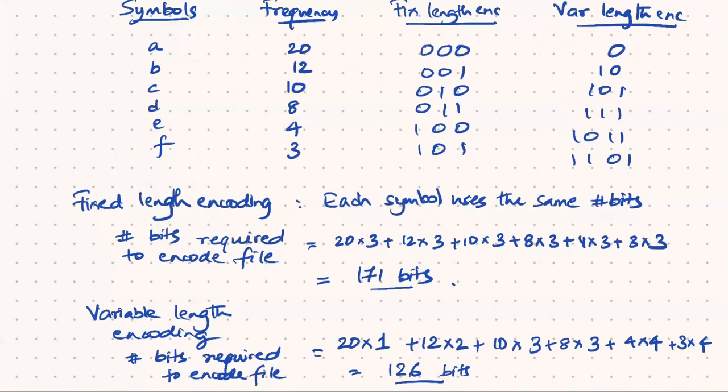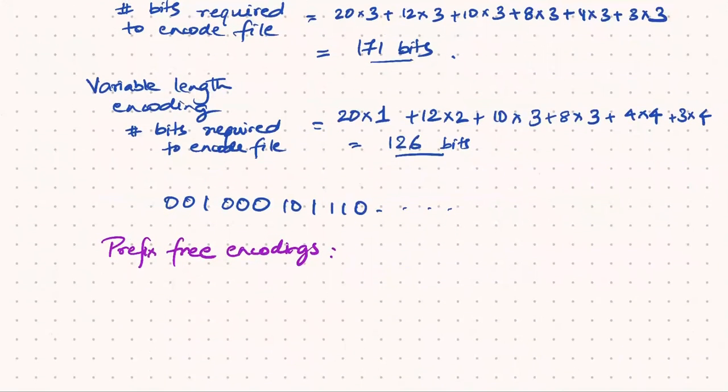Okay, so we want to avoid these kinds of encodings, and that is what prefix-free encodings do.